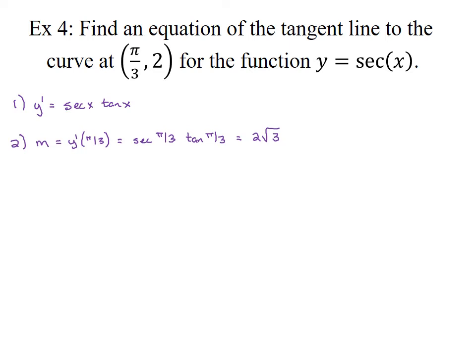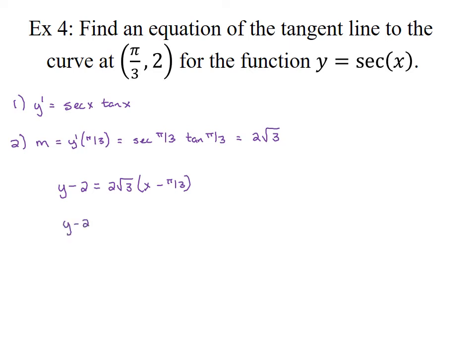Now you can use the point and the slope to write your line. That would be y minus 2 equals 2 square roots of 3 times x minus pi over 3. All right, distribute your slope through.